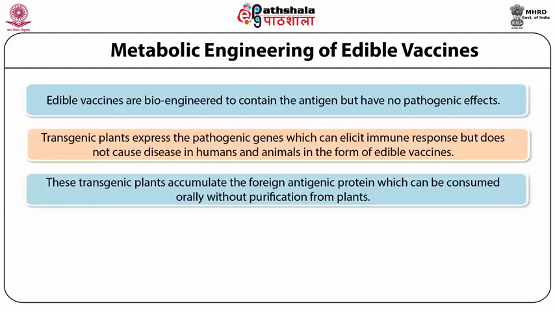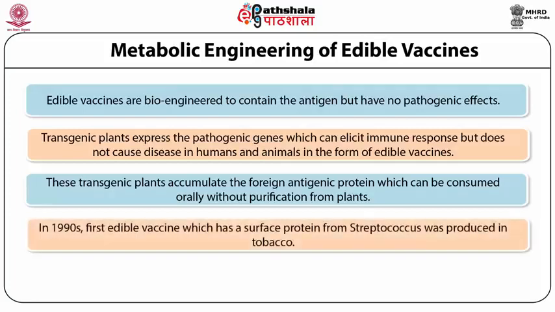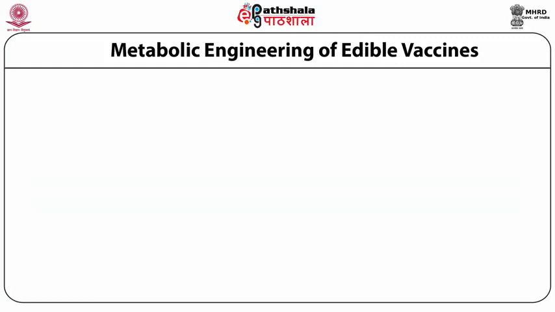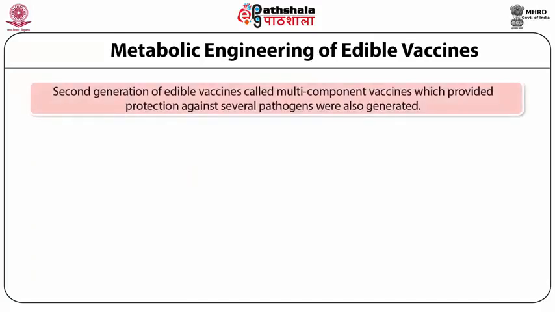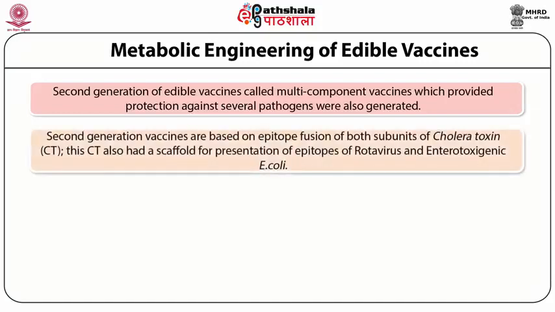which act as an edible vaccine when consumed. The first edible vaccine was produced in 1990, which has a surface protein from Streptococcus bacterium, done in tobacco. Second generation edible vaccines are called multi-component vaccines, which provide protection against several pathogens, and are also being generated. For example, second generation vaccines are based on epitope fusion of both subunits of cholera toxin.